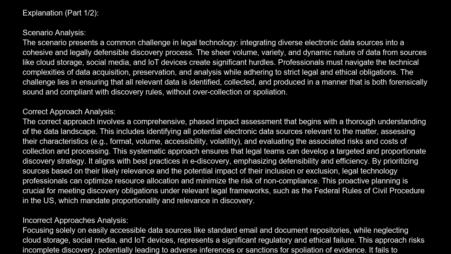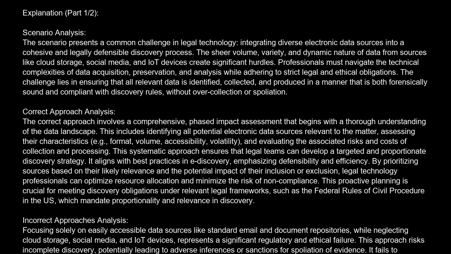Correct approach analysis. The correct approach involves a comprehensive, phased impact assessment that begins with a thorough understanding of the data landscape. This includes identifying all potential electronic data sources relevant to the matter, assessing their characteristics, e.g., format, volume, accessibility, volatility, and evaluating the associated risks and costs of collection and processing.